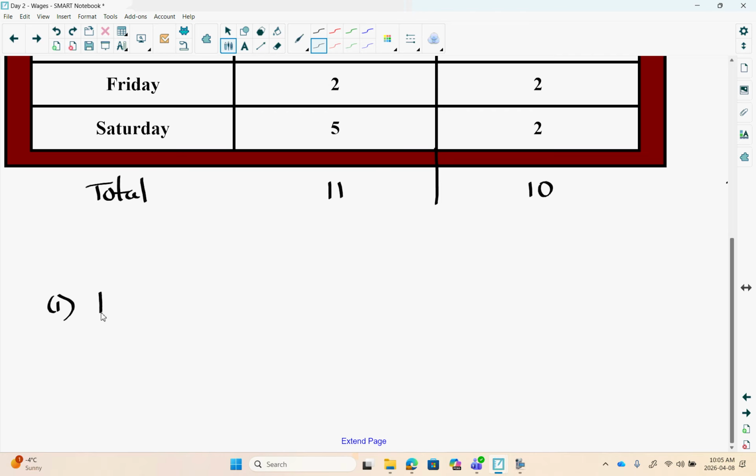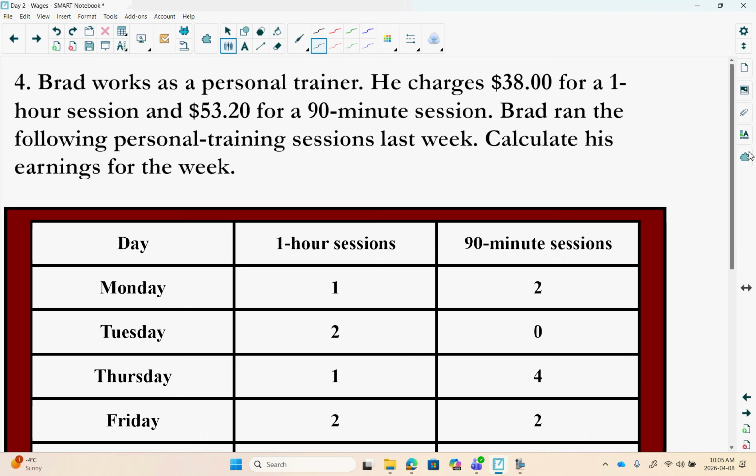So to figure out his gross earnings, I need to figure out, 1, what he made for the 1-hour sessions. How do I figure that out? I take 11 1-hour sessions and I multiply it by what? Is it the 53.20 or the 38?